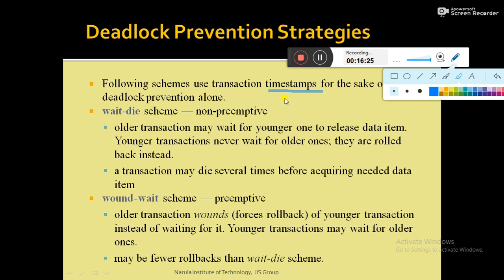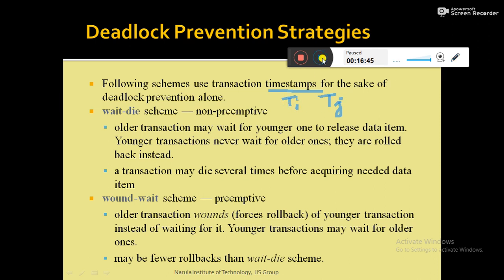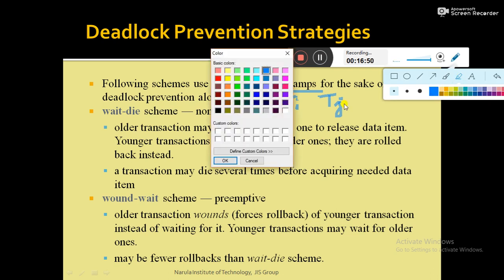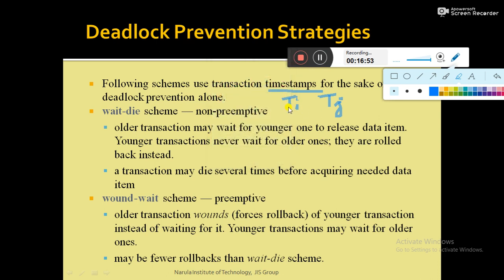For example, suppose two transactions, Ti and Tj, are currently executing in the system. And suppose Ti is requesting a data item which is already held by transaction Tj.